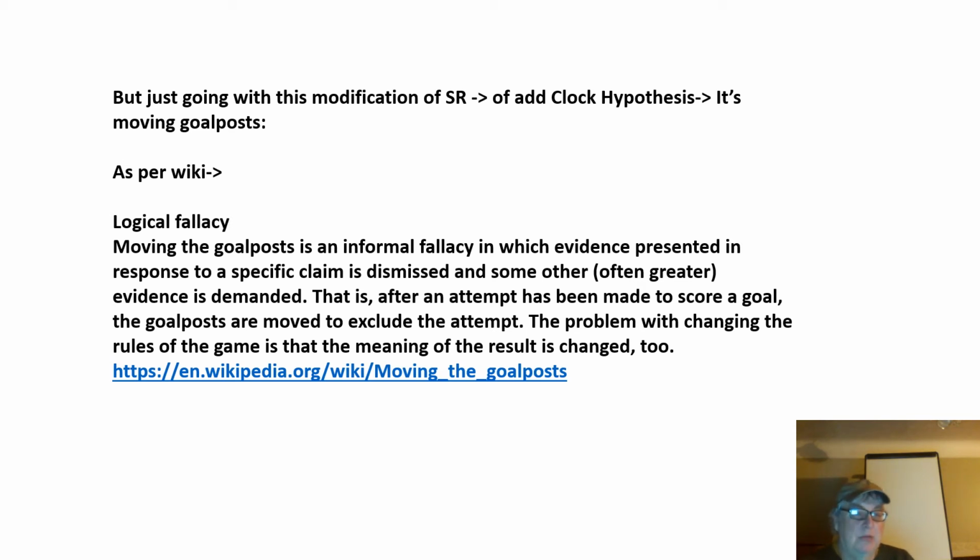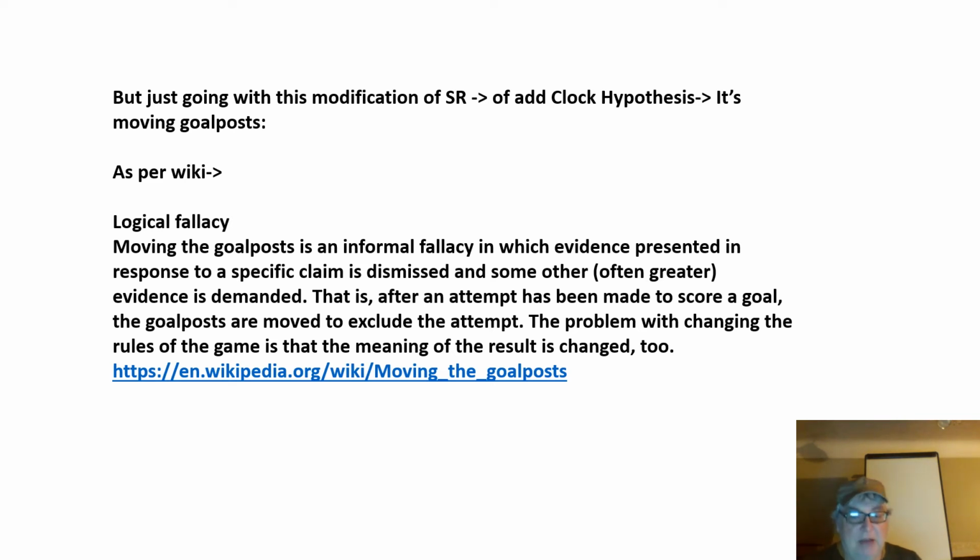So, as Wikipedia explains, moving the goalposts is an informal fallacy, in which evidence presented in response to a specific claim is dismissed and some other, often greater evidence is demanded. So in this case of special relativity, the goalposts are being moved. You're supposed to be starting with two assumptions, but that's not good enough.